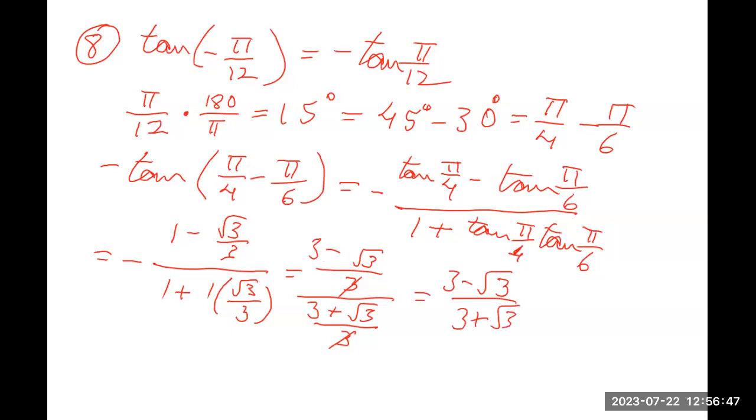And then we can rationalize it by multiplying the top and the bottom by the conjugate of the denominator. The conjugate of 3 plus √3 is 3 minus √3. So you keep the same terms, just flip the sign in between.